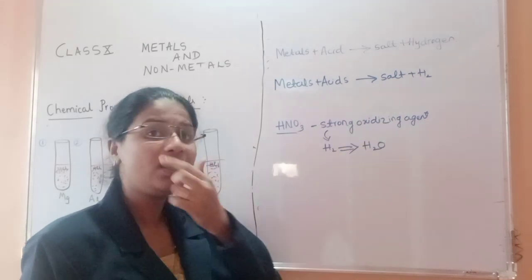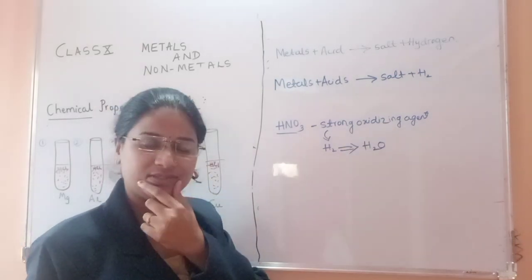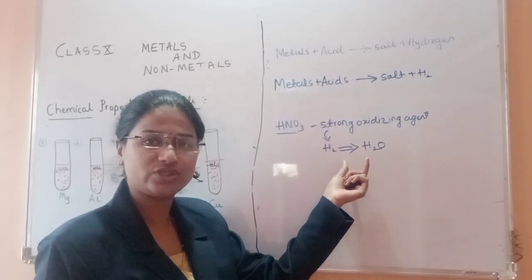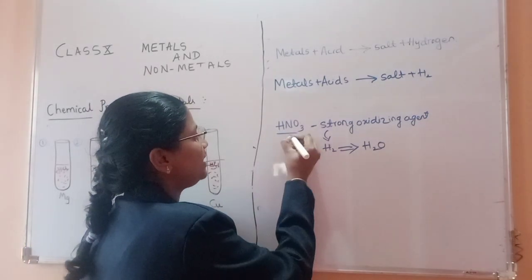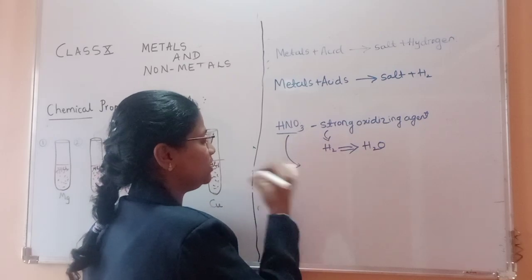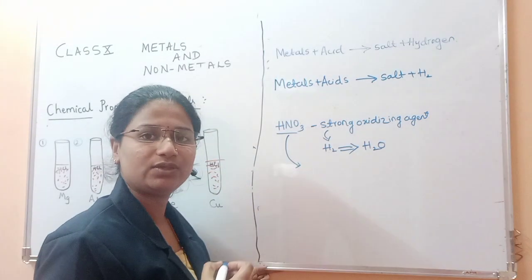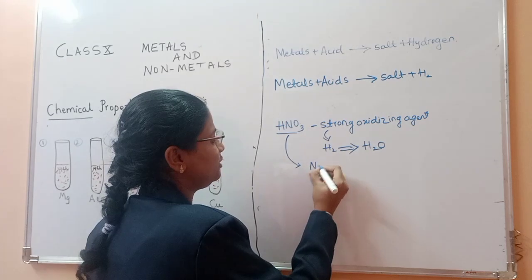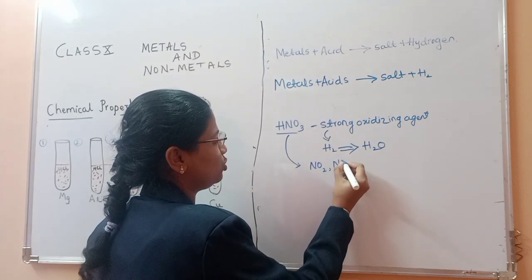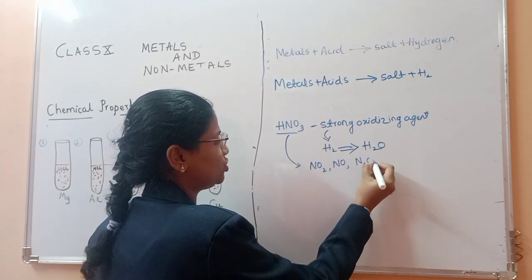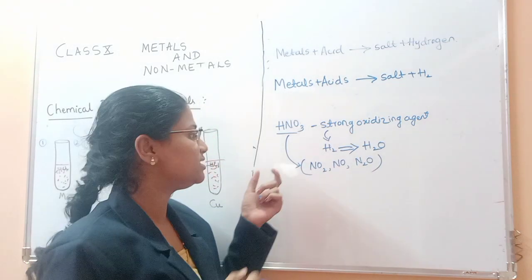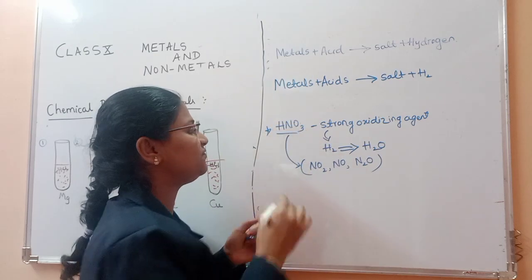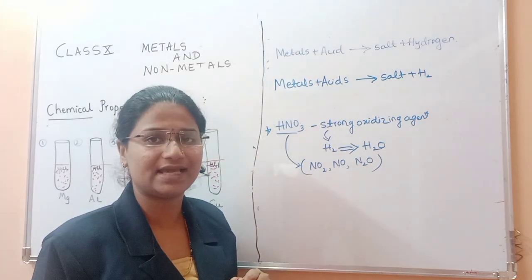It brings about addition of oxygen. And from the HNO3, gases like nitrogen dioxide, nitrogen oxide or dinitrogen oxide will be released based on the reaction. So this is one of the peculiar differences in the case of nitric acid.